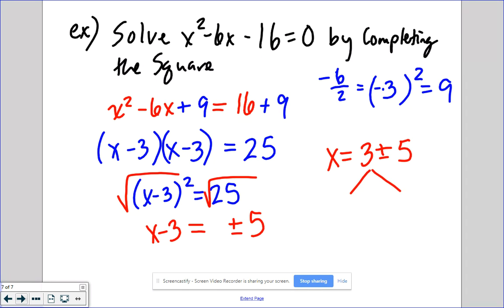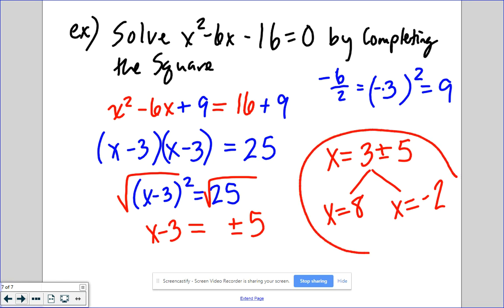And again, you should always have 2 answers. Your first answer, 3 plus 5 is 8. Your second answer, 3 minus 5 is negative 2. There is how you complete the square.